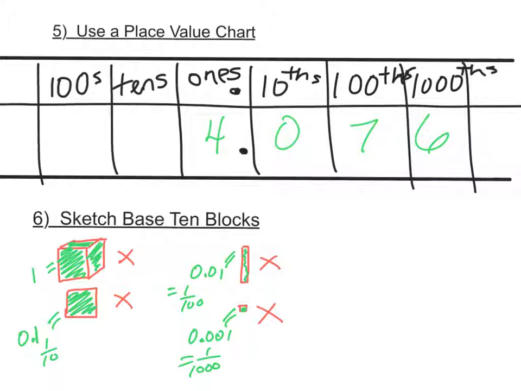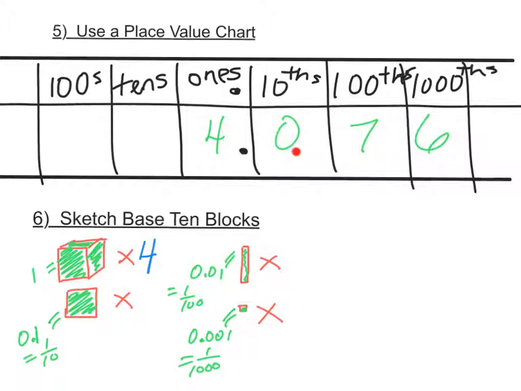And we know that we can also write decimals as fractions as well. So if I were to represent my number 4.076 using base 10 blocks, a little shortcut is you can draw one block, use your multiplication sign, and tell how many of your ones you would have. And in this case, I have 4 ones, so that would be times 4.